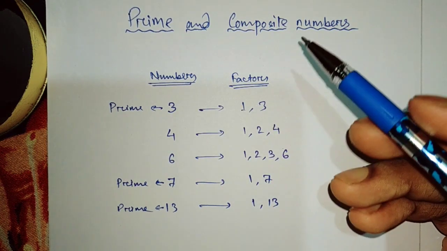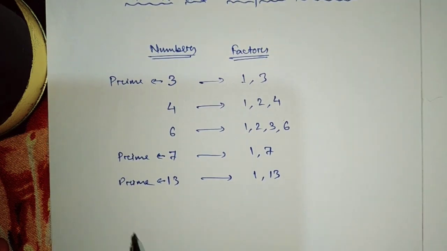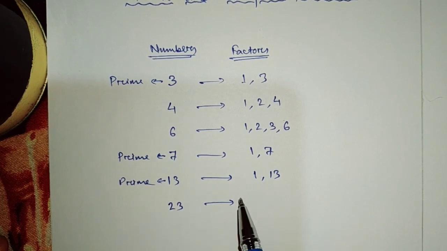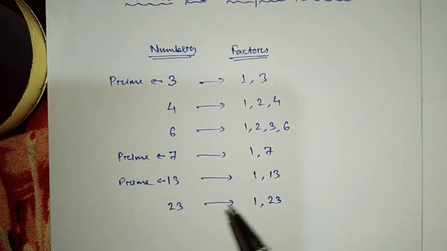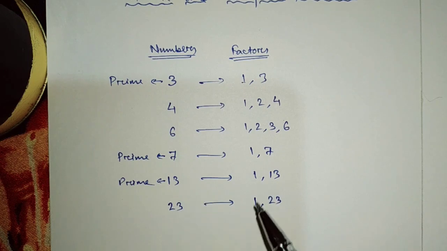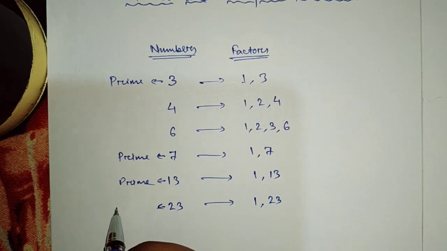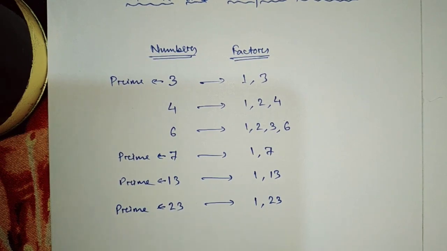If you talk about, say, the number 23, if you try to find the factors of 23, you will see it has only 1 and 23 itself as factors. You will not find any more factors of 23. So 23 is a prime number.